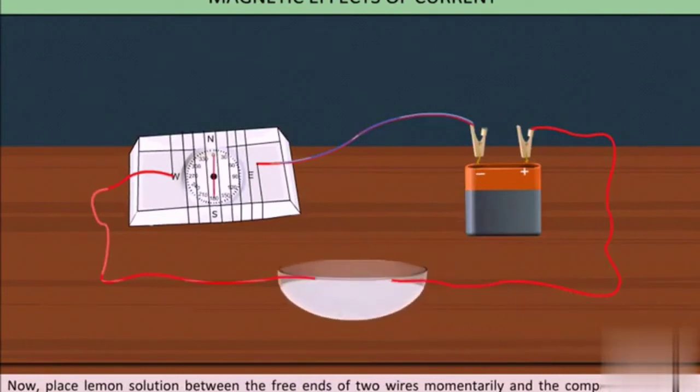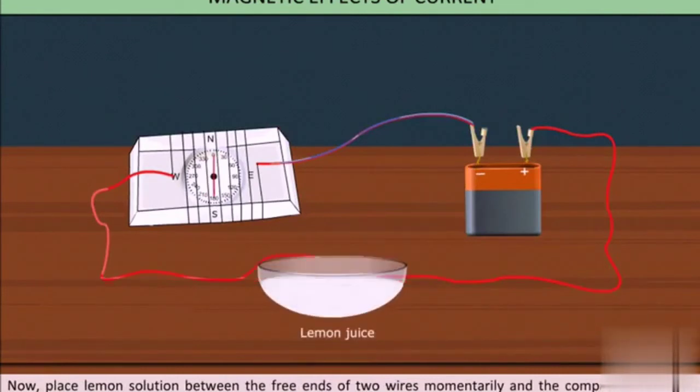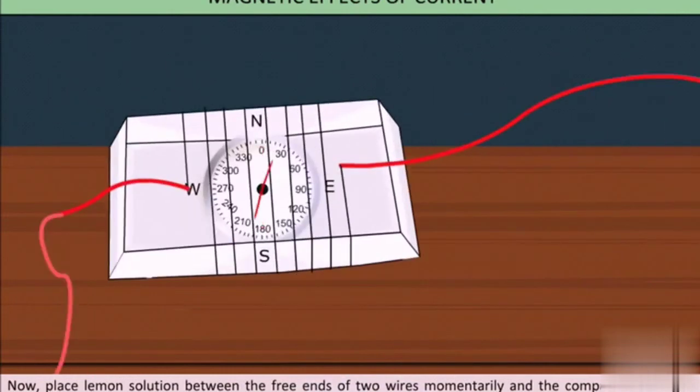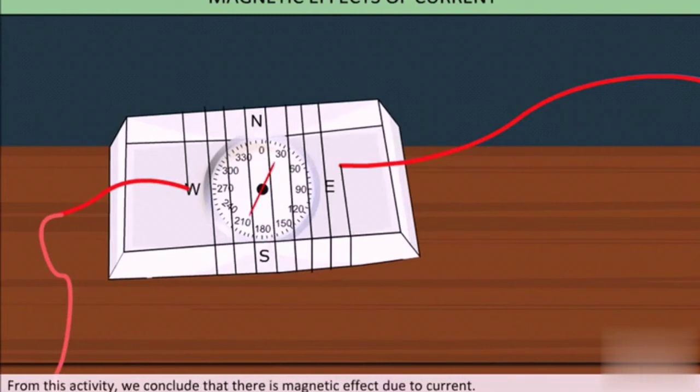Now place lemon solution between the free ends of two wires momentarily and the compass needle gets deflected. From this activity we conclude that there is magnetic effect due to electric current.